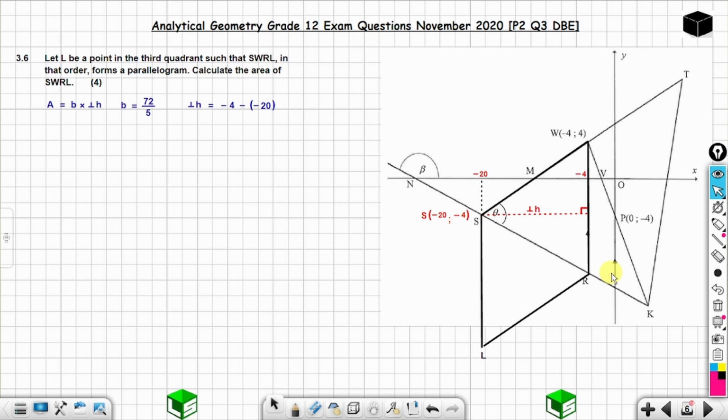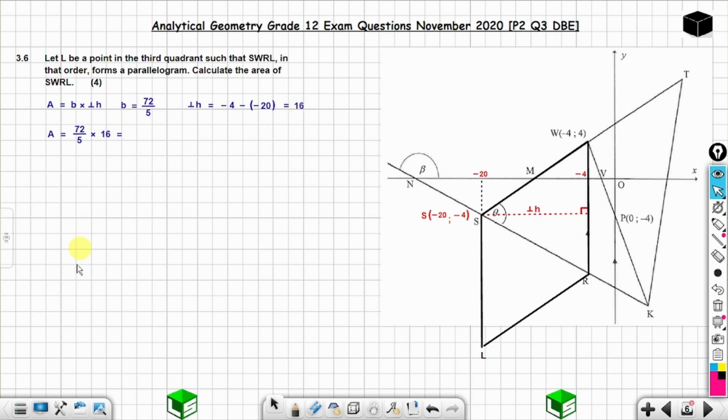Okay, remember that. So perpendicular height is equal to -4 plus 20. Okay, so 20 minus 4, which is 16. So the area is equal to the base times perpendicular height, which is 16.